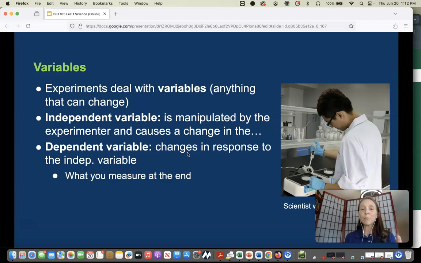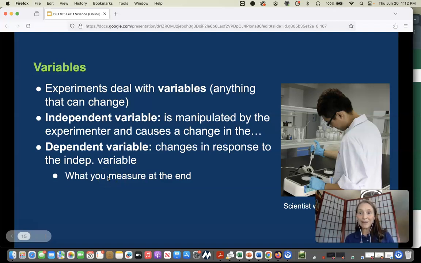That is the variable that you are manipulating as the experimenter. And then that usually causes a change in an outcome that you're measuring, okay? And that's the dependent variable. The dependent variable is going to change in response to the independent variable. So your dependent variable is what you are measuring at the end.